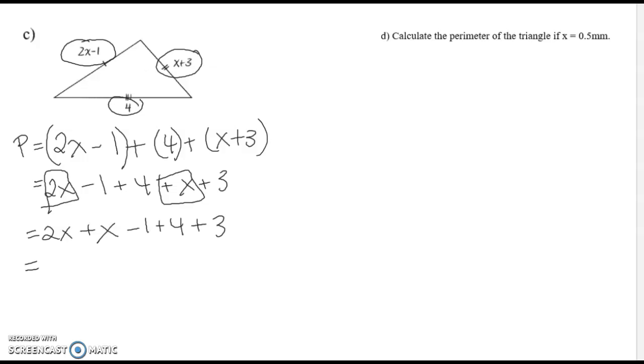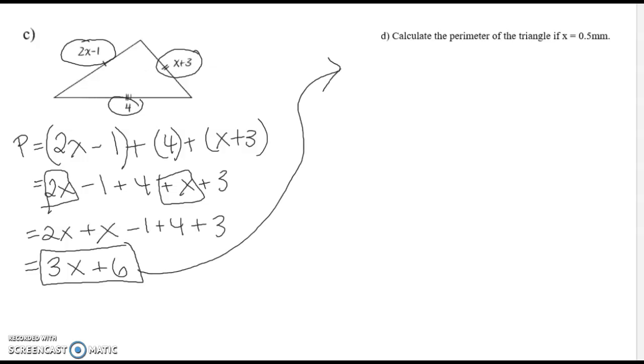When we add these all up, 2x plus x gives us 3x, and in your calculator, negative 1 plus 4 gives us 3, and then 3 plus 3 gives us positive 6. So this is the total perimeter of the triangle.